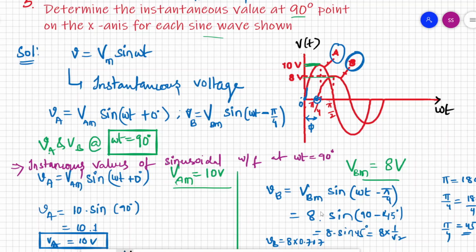Okay, so that is 5.66 volts. So this is VB, instantaneous value at 90 degrees instance. Okay, so this is how you need to find the values according to your question. Now let us proceed further.